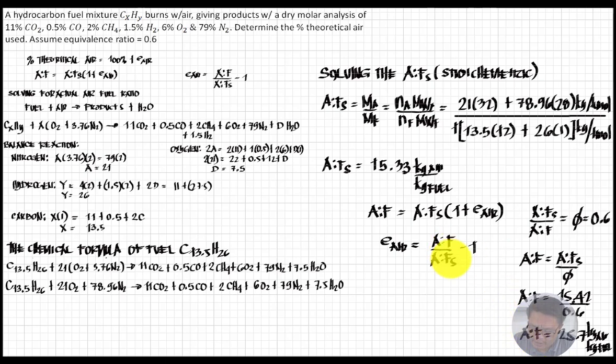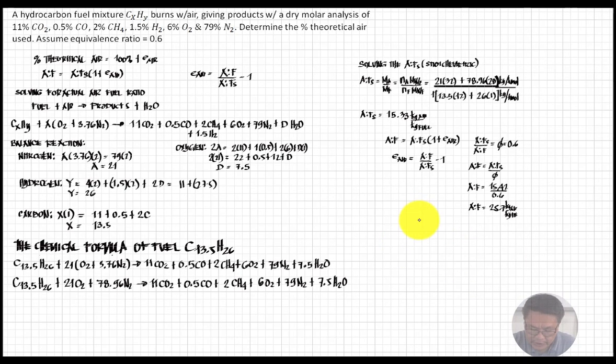Since we have a value for stoichiometric, and then we have your actual air fuel ratio, we can solve now the excess air. So from here, we can substitute into your equation for excess air.